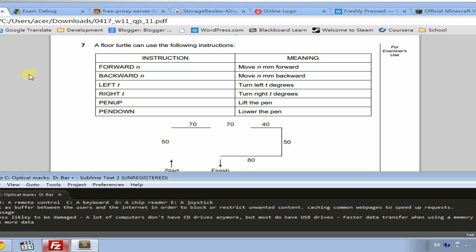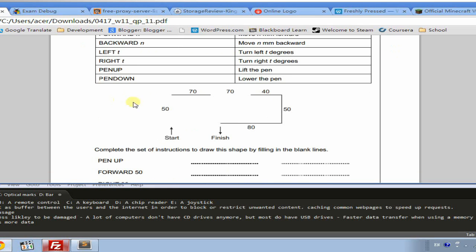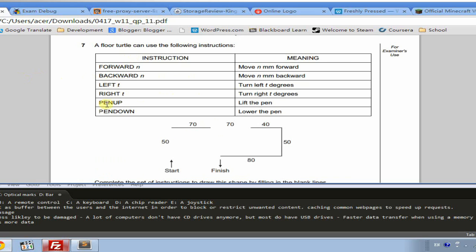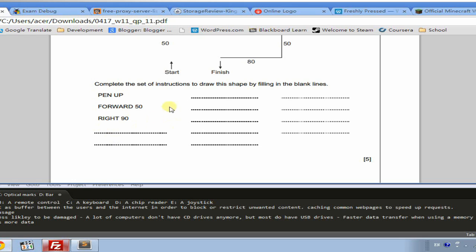So a floor turtle can use the following instructions. So these are the only instructions that we can use. We can't use anything else. Okay, so often there's a repeat or something in here. We don't have that, so we can't use it. And we have to complete our list of instructions.